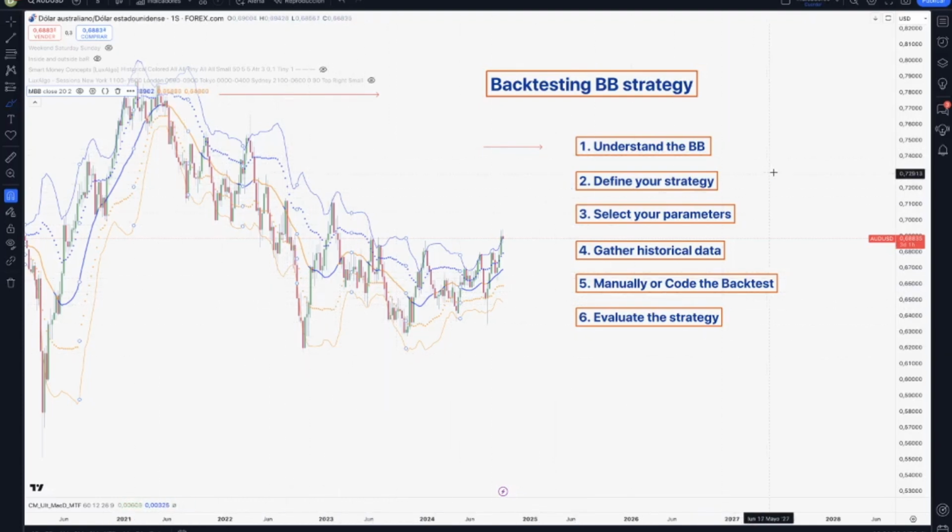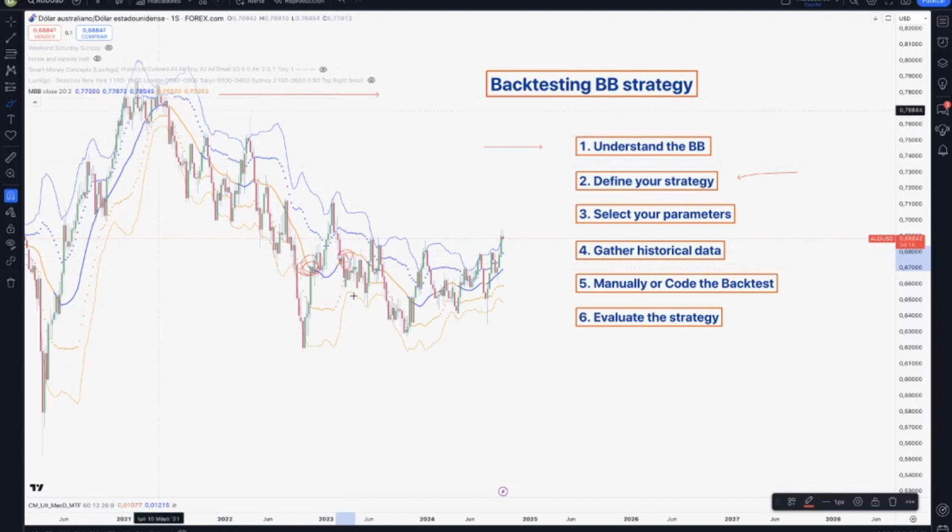After that, you'll need to define your strategy. We have to understand that with Bollinger Bands, we have 3 different types of strategies. We can use them for mean reversion: buy when the price touches or crosses below the lower band, and sell when it crosses above the upper band, when we have the other cross.